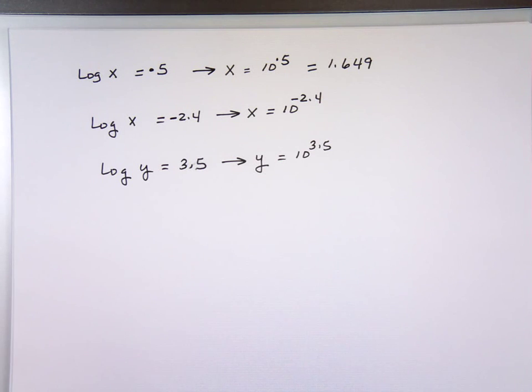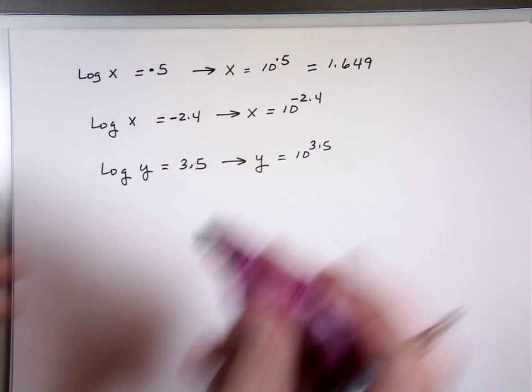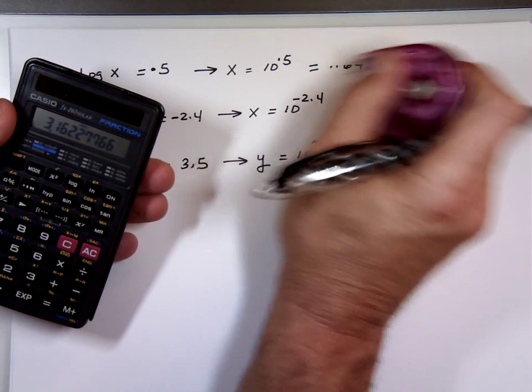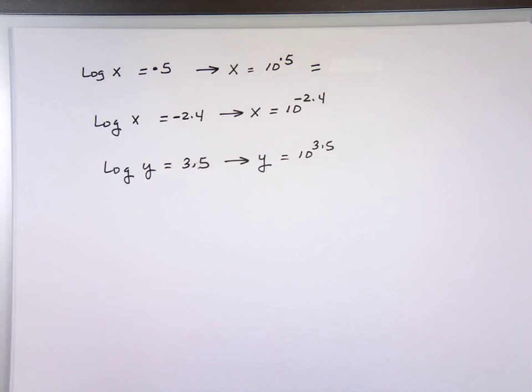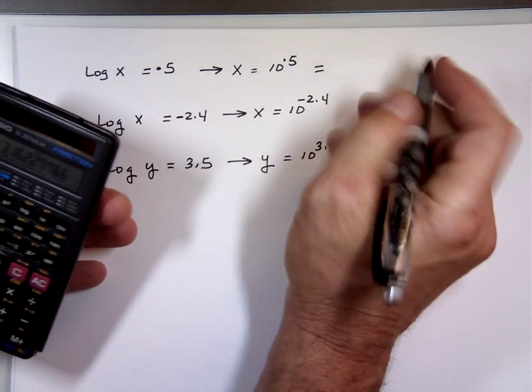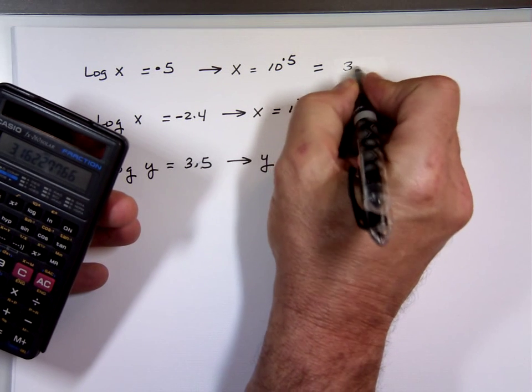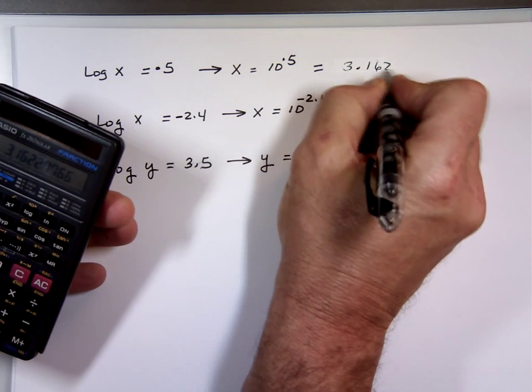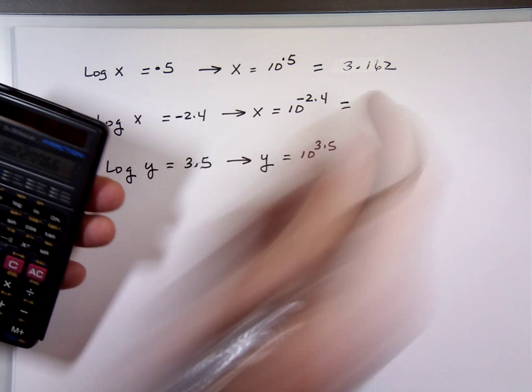I don't know where I came up with that other number. Maybe I hit the natural log by mistake. I knew I was going to make a mistake, thank goodness. 3.162.